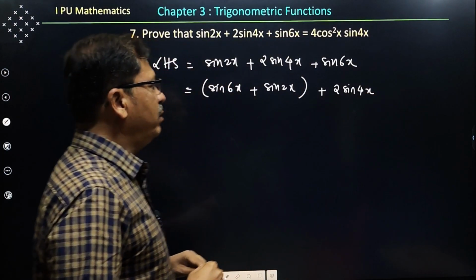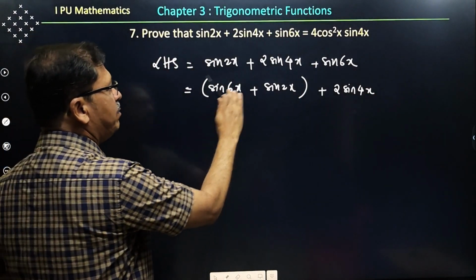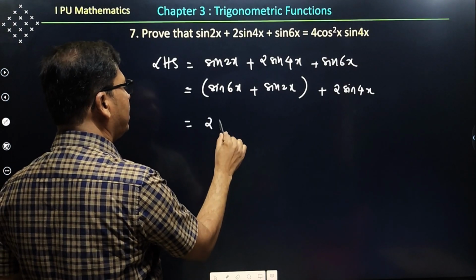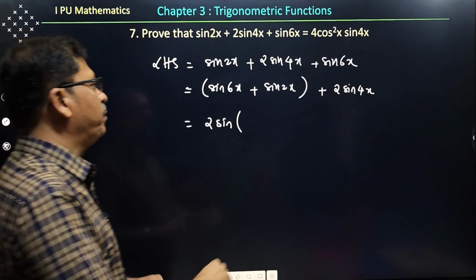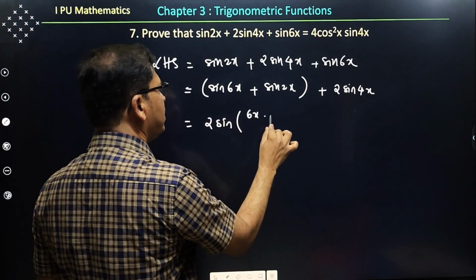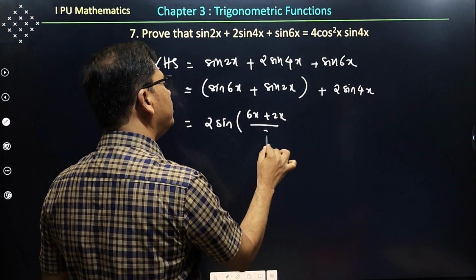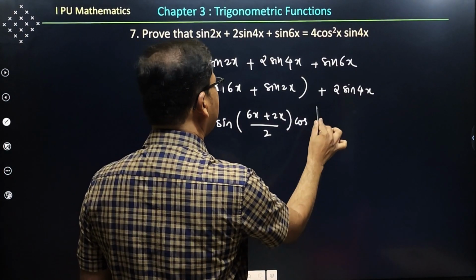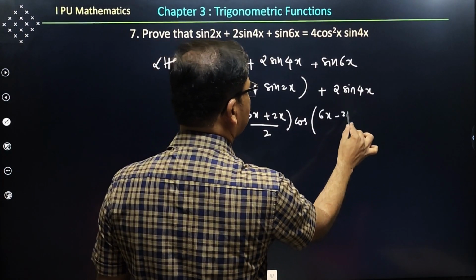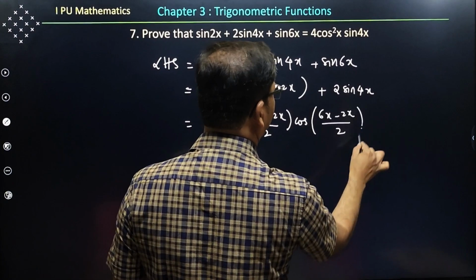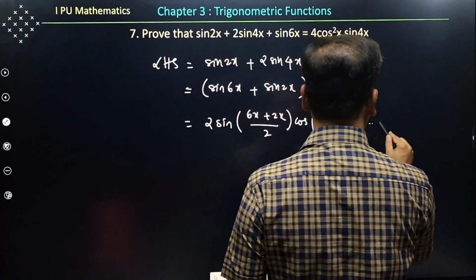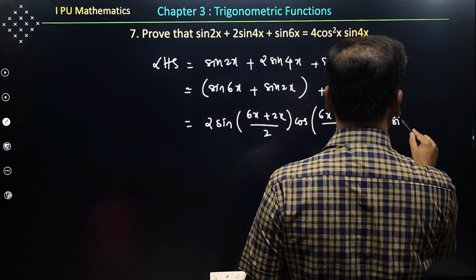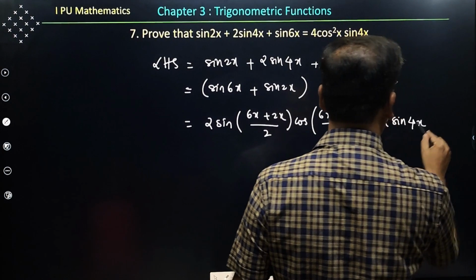Then this is sin c plus sin d, 2 into sin of c plus d divided by 2, that is 6x plus 2x divided by 2, into cos of 6x minus 2x divided by 2, plus 2 sin 4x.